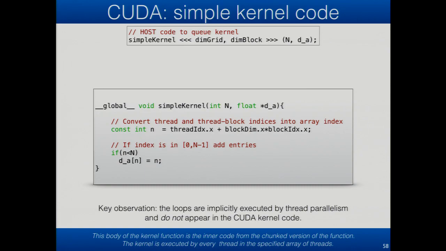And I take you through that step-by-step approach because I want to explain what those thread index variables are. You can think of them as the loop variables in parallel for loops. Okay? The inner for loop is handled at the level of the core. The outer for loop is handled at the level of multiple cores.